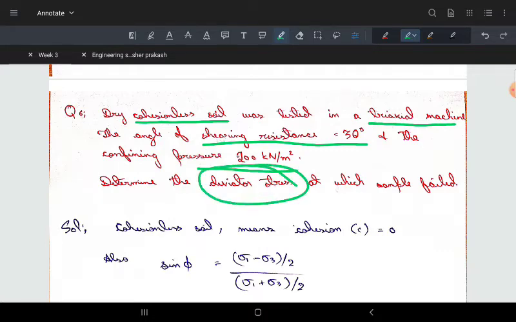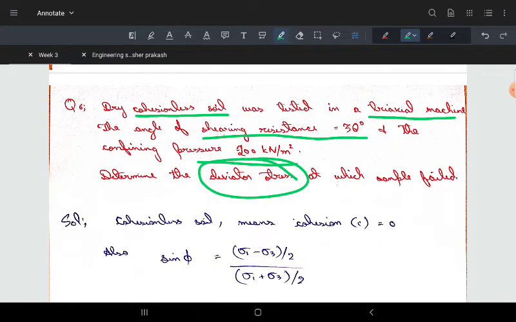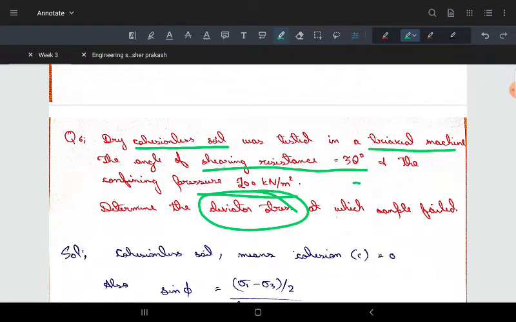I believe you know what deviator stress is, but I will still explain. Deviator stress is basically sigma 1 minus sigma 3. Sigma 1 is the major principal stress, and sigma 3 is the minor principal stress, or the confining stress. The difference between them gives the deviator stress.